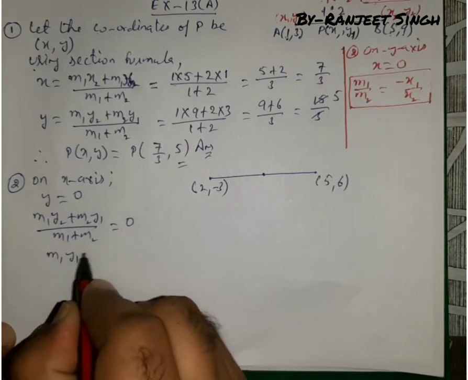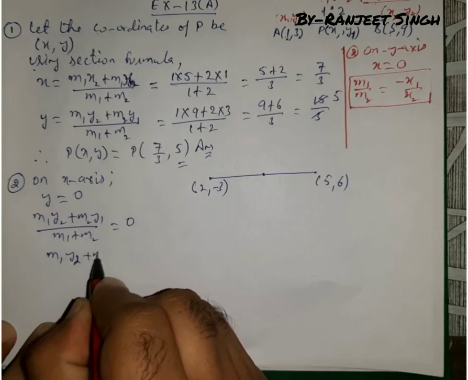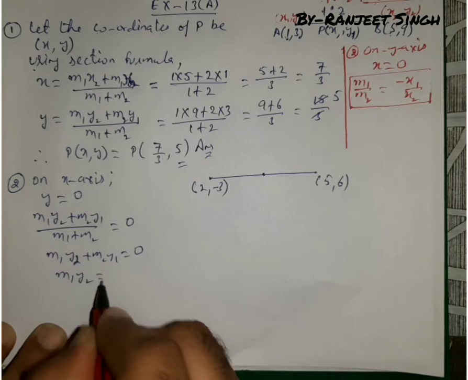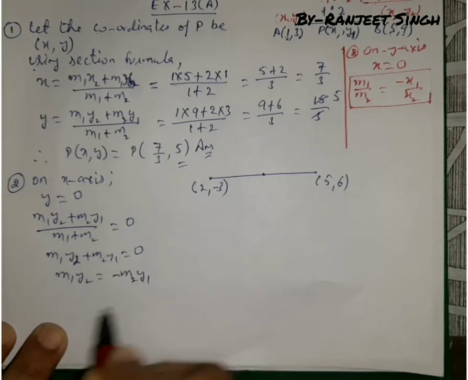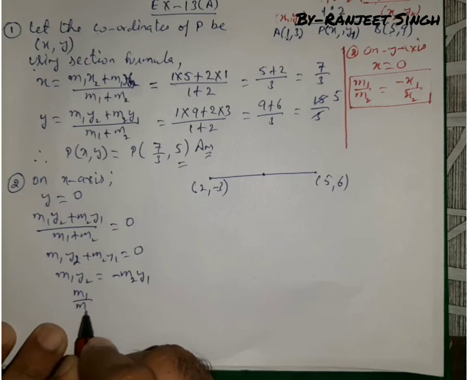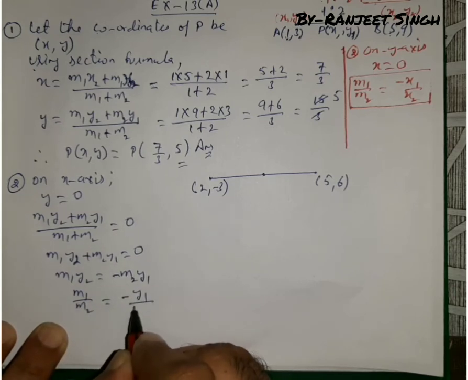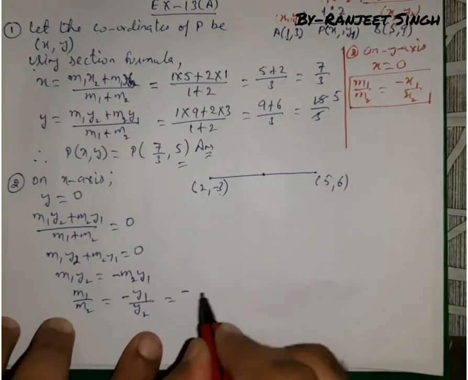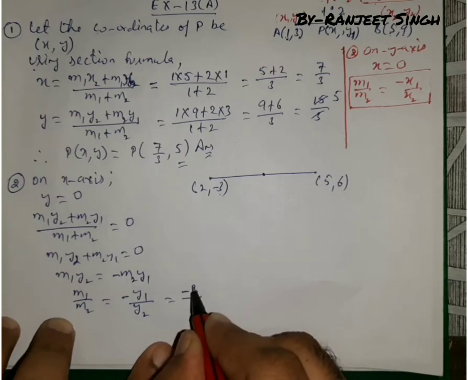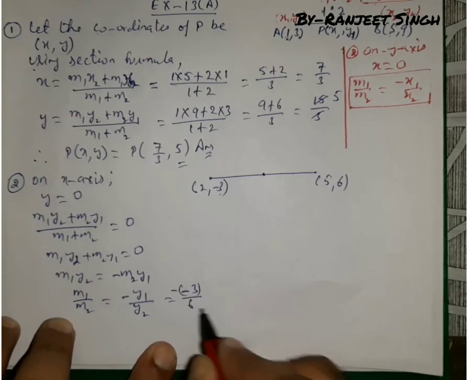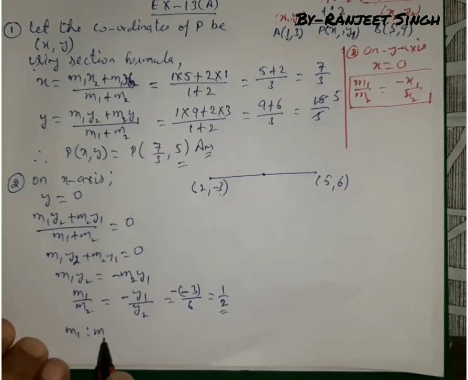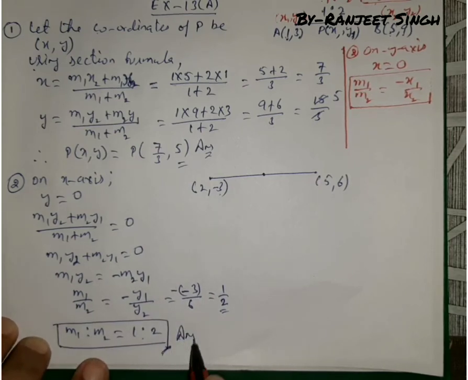So from here we will get m1 y2 plus m2 y1 is equal to 0. So m1 y2 equal to minus of m2 y1. So m1 over m2 is equal to minus of y1 over y2. So here this is y1 and this is y2. So minus of minus 3 over 6. So this will give us 1 over 2. So here m1 is to m2 is equal to 1 is to 2. This is the answer for this part.